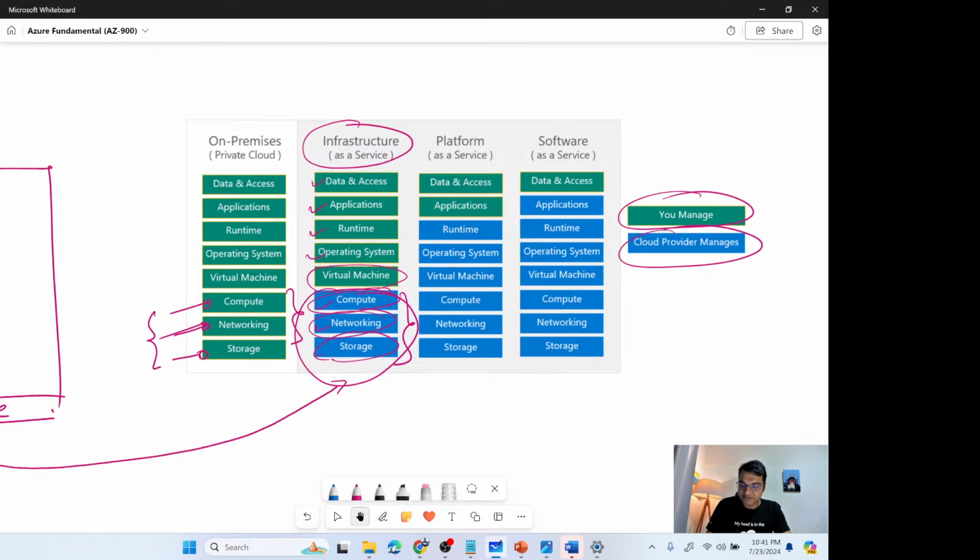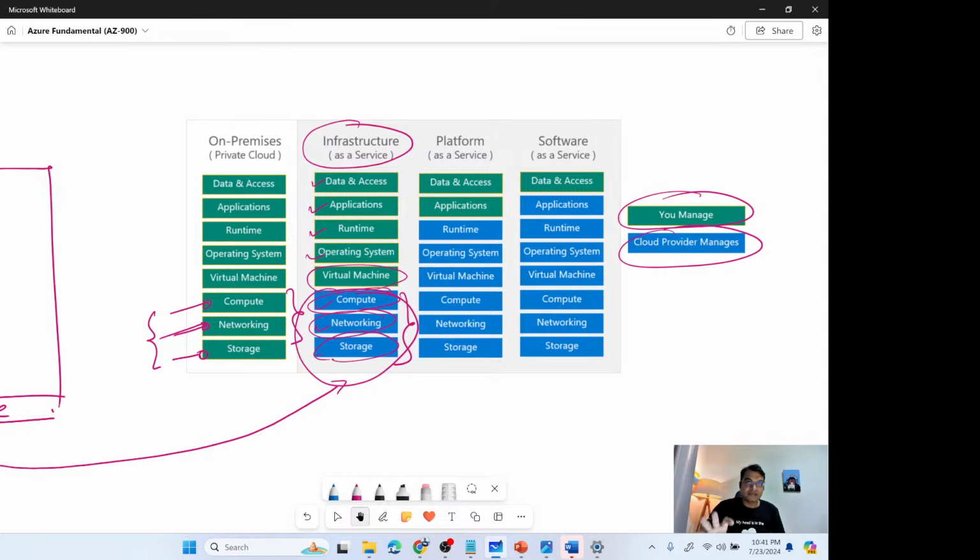You have an operating system. In that, you might have a runtime. You might have applications, right? Many applications like Zoom, or this Whiteboard, or Office, or whatever. And those applications might have their own data, right? So all that is managed by you. Once you start the VM or once you log into the laptop, you have all that.